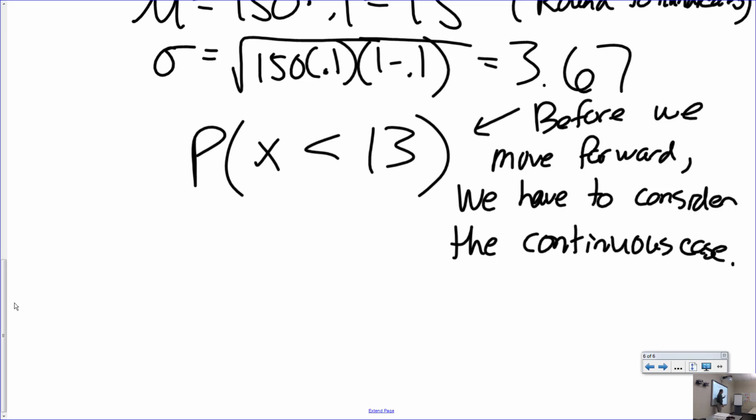So we want our number to round to less than 13, where we might have a decimal point. So what values of x, when rounded, will be less than 13 if you include decimals?